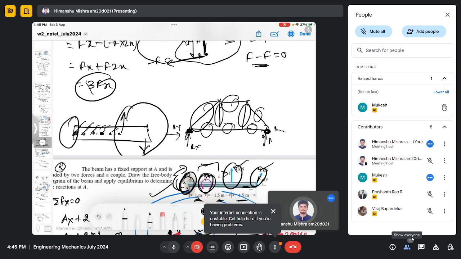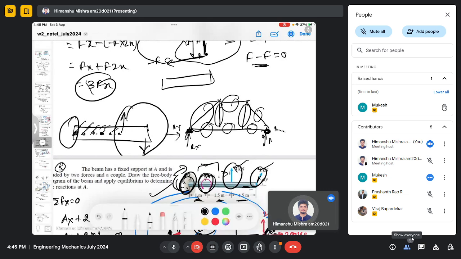That is what we do when we draw the bending moment diagram or shear force diagram in the beam. Maybe in the future we will study that, but this is what we actually do.